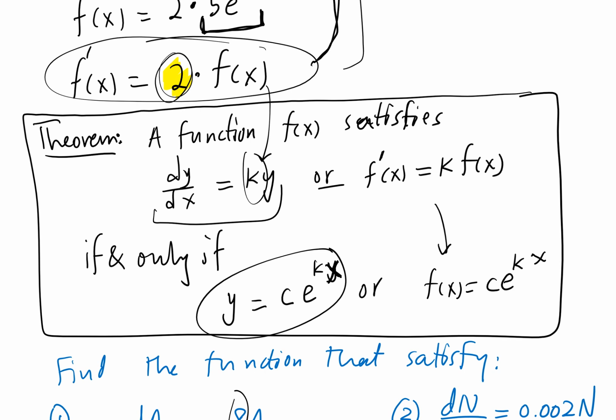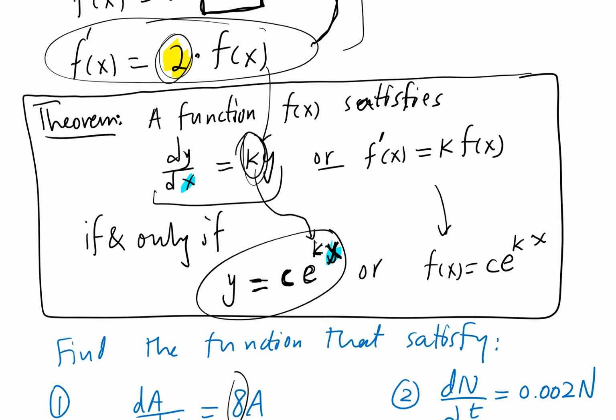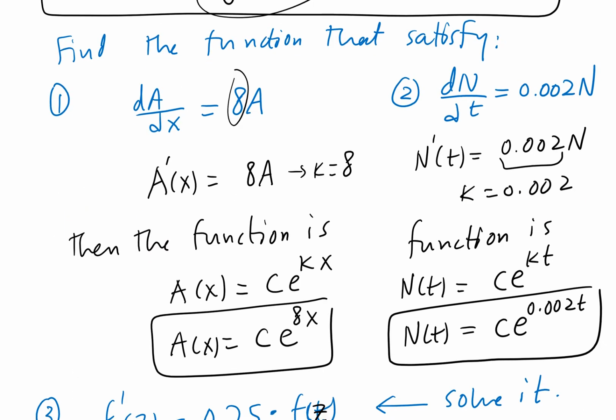The function that satisfies the differential equation is always a constant c times e to the kx. So that k in the differential equation matches the k in the function, and it depends on the variable. If the variable is x, you put an x; if t, you put t; if w, you put w. And we looked at 3 quick examples here.